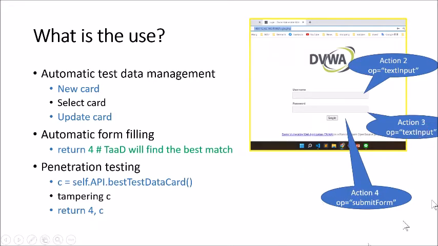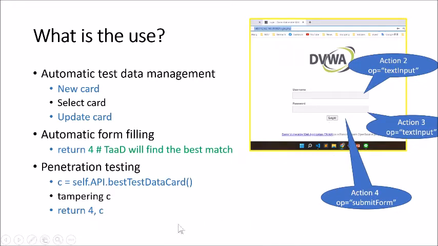Then, interestingly, we can see that the login button is also a legal action, and its index is 4, and the operation code is submit form. This is because in the declaration of this HTML, the whole 3 actionables are contained in one form tag, and the login button is declared as the submit button.